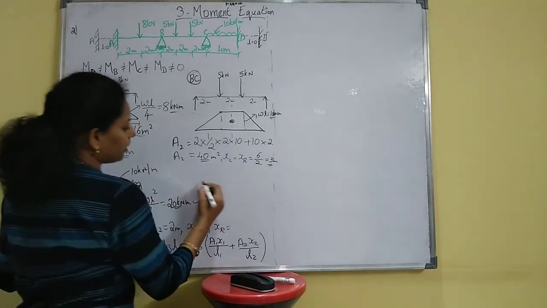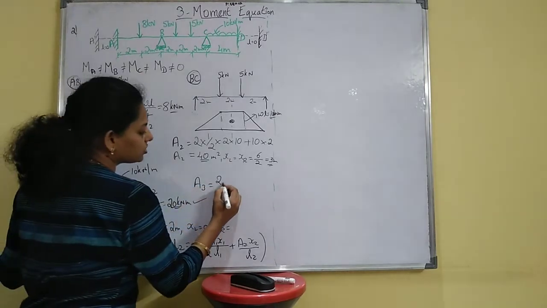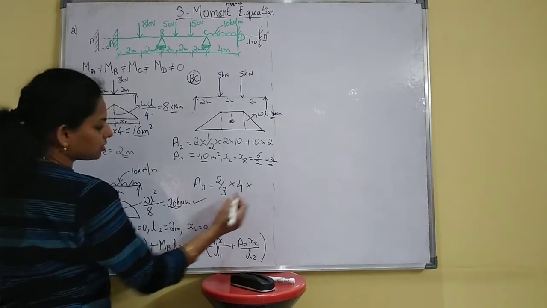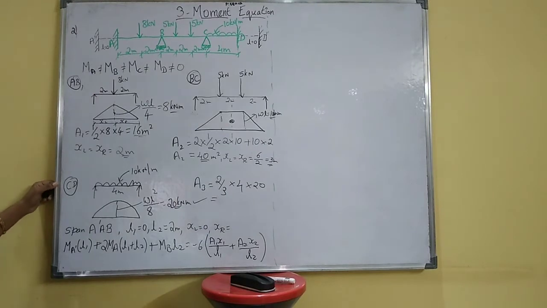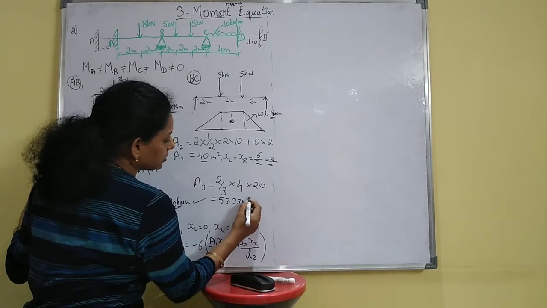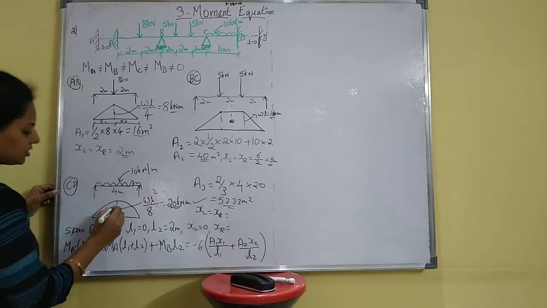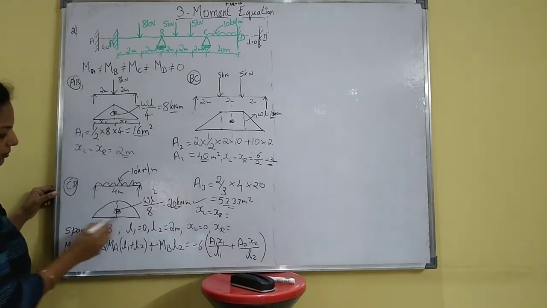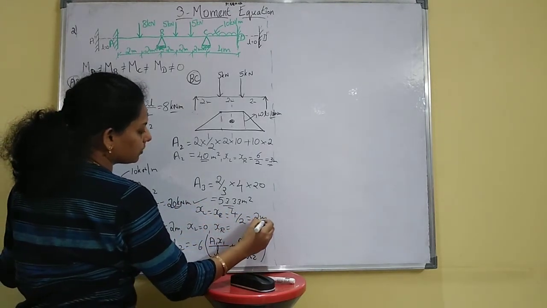Then find the area A3, which is 2/3 of B into D. 2/3 of B, which is 4, into D, which is 20, therefore A3 is 53.33 meters square. And again XL equal to XR, at the center, which is half of 4, that is 2 meter.